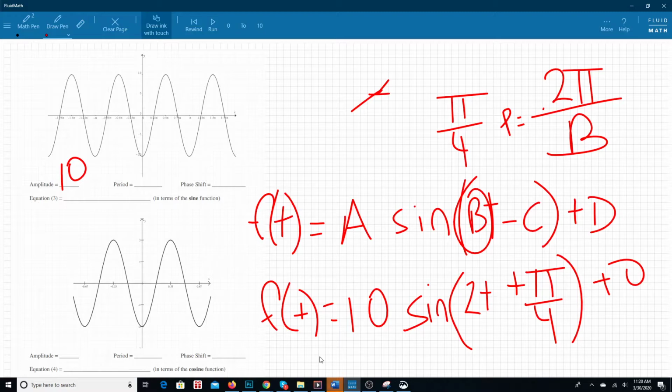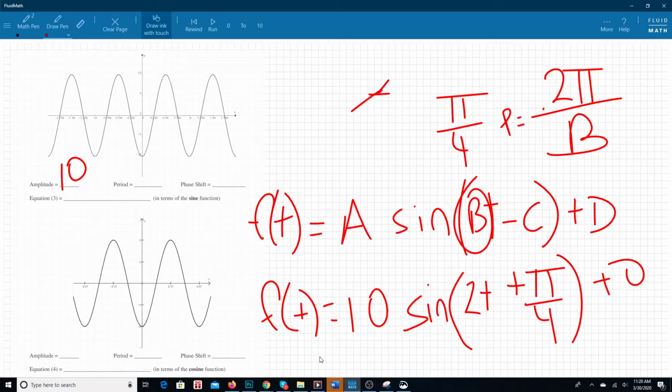Any questions on that one? I want to show how I got the phase shift. Keep in mind that the normal course of action for a sine curve is to begin at 0. In this case, it does not. On the positive side, it begins around 0.25 or pi over 4, so it's shifted by that much.